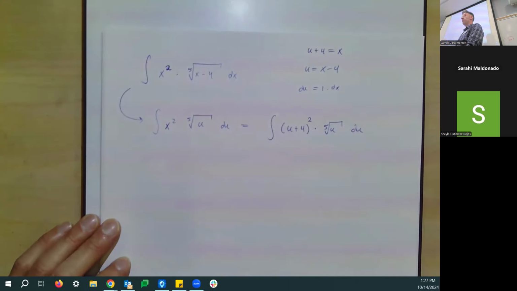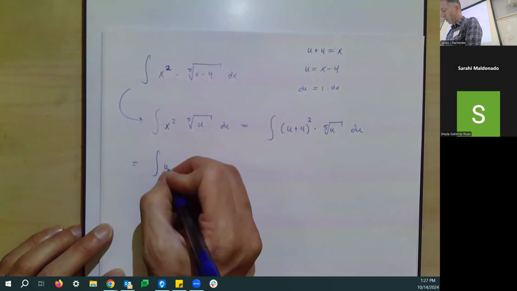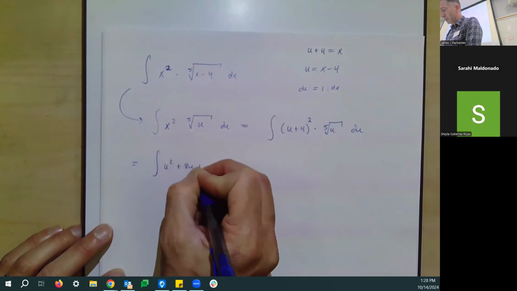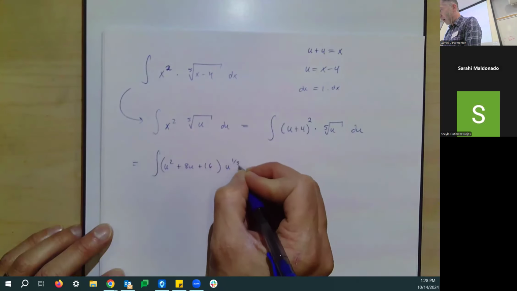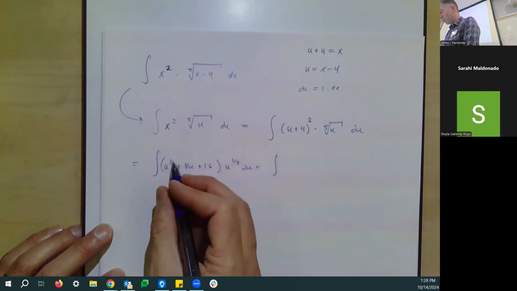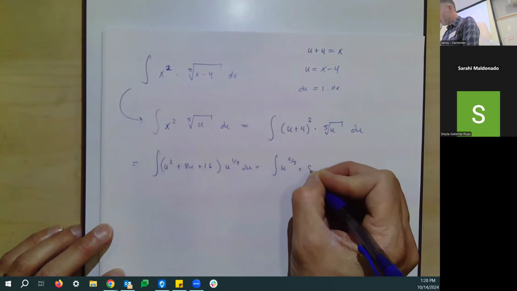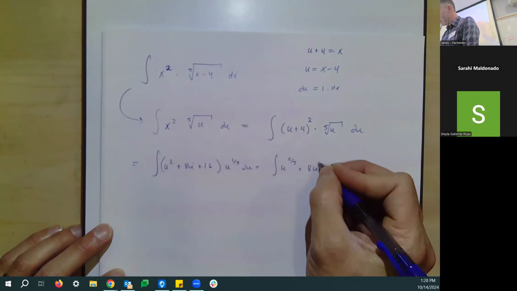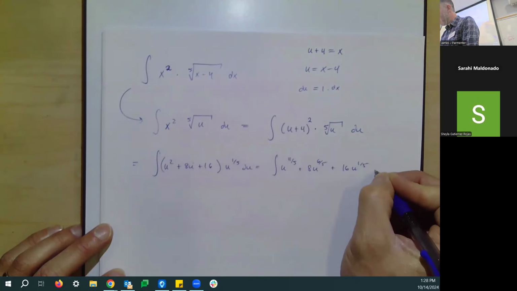And then you have to multiply it all out. We're going to get u squared plus 8u plus 16, all multiplied by u to the 1/5 power. We're going to distribute the u to the 1/5 to each term. So 2 plus 1/5 is 11/5, 1 plus 1/5 is 6/5, and 16 u to the 1/5 power.